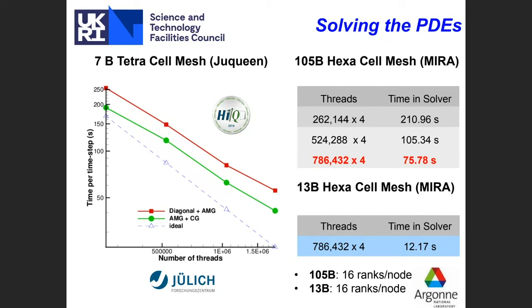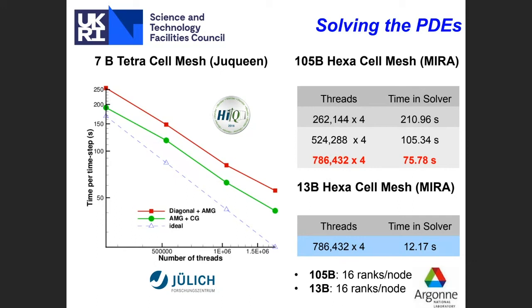If you look at the results on the right-hand side now for Mira, for the 105 billion cells, the speedup is defined as follows: when you double the number of cores, an ideal speedup would mean you would halve the time to solution.